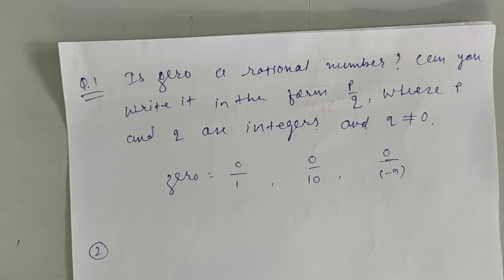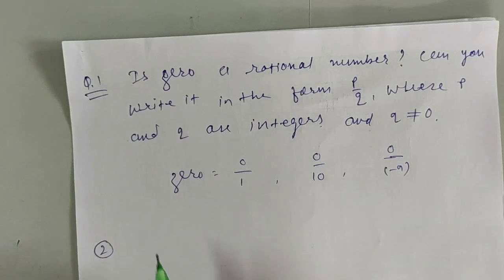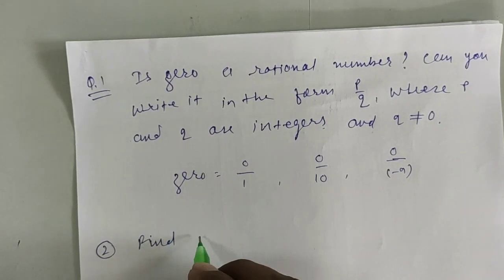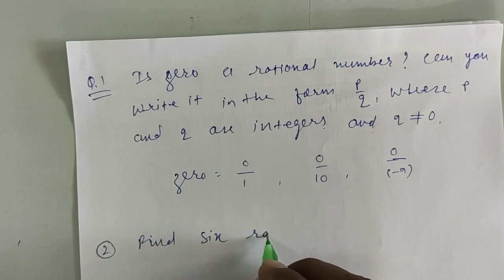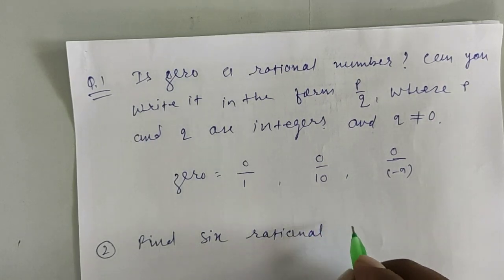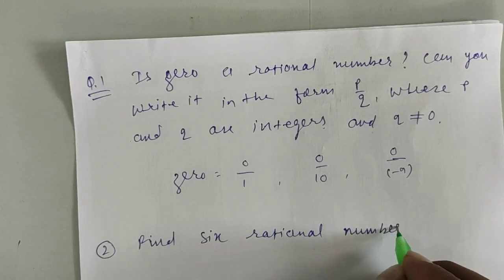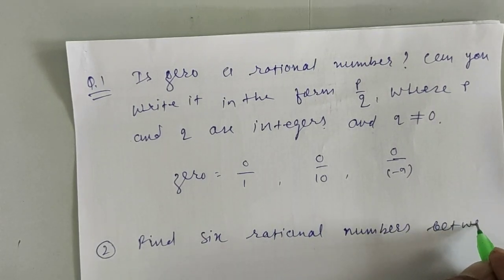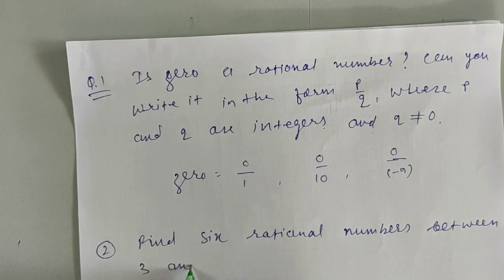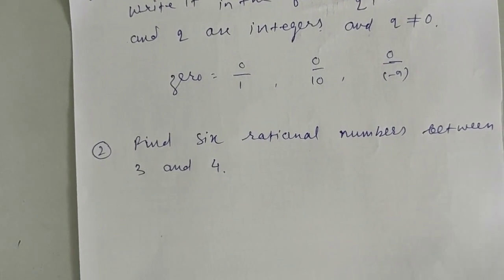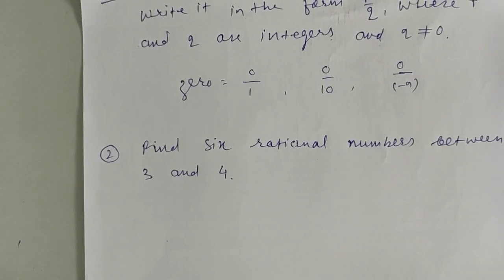Second question, find 6 rational numbers between 3 and 4. Okay, let us refer to the second result.